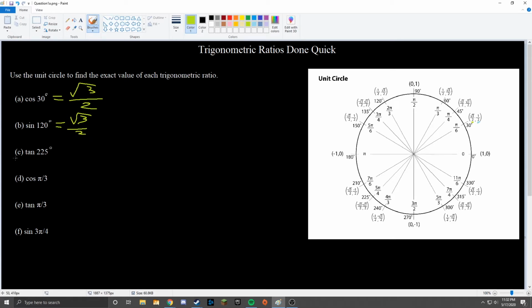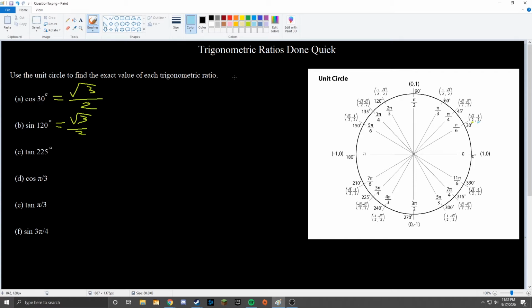And now we have tangent, which is not so straightforward. But it can be done pretty quickly and pretty simply. First, we need to understand what tangent is asking of us.